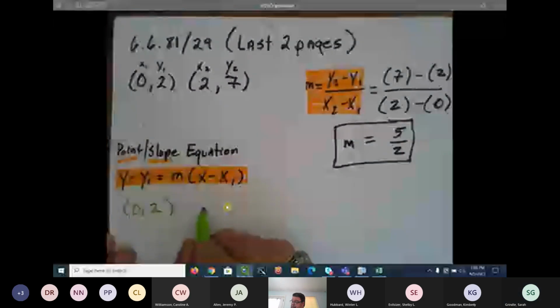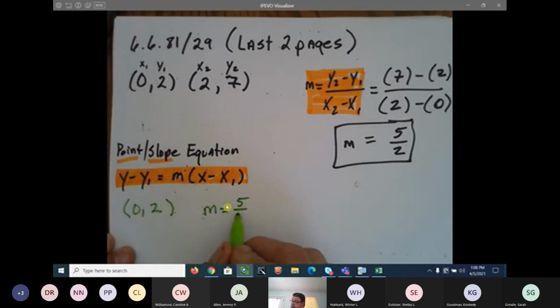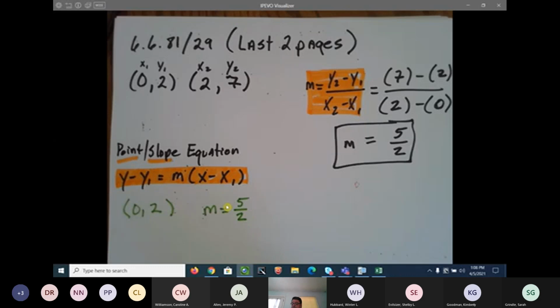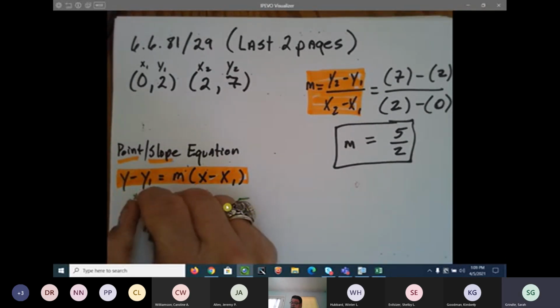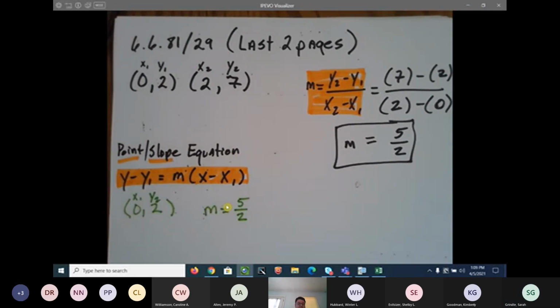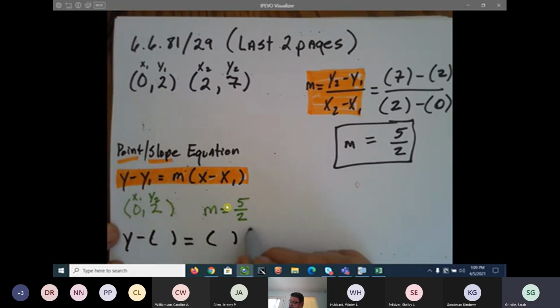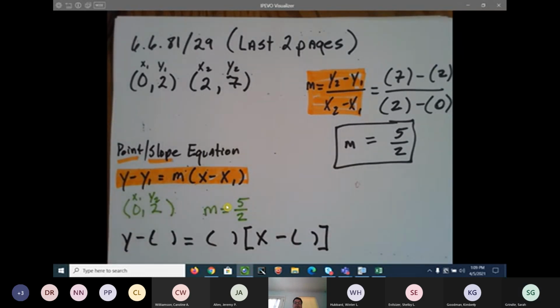and here's my slope. Now I'm going to plug it into the formula, the point slope equation. Am I going to use parentheses? Yes, of course. Y minus parentheses is equal to parentheses times x minus parentheses. And I'm going to plug in. What am I going to plug in right here?